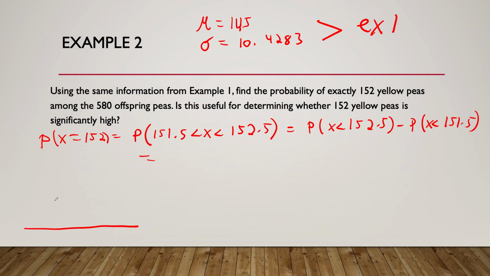And it refers to this spot. This had a mean of 145. 152 would be about here-ish. So we have 151.5 and then 152.5.